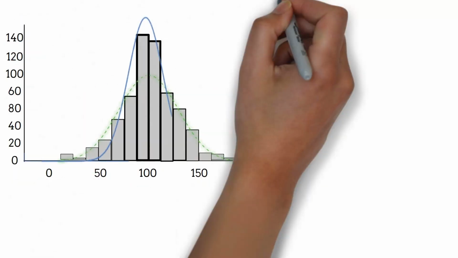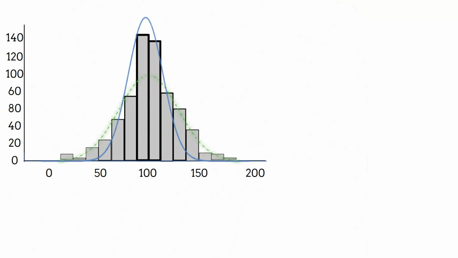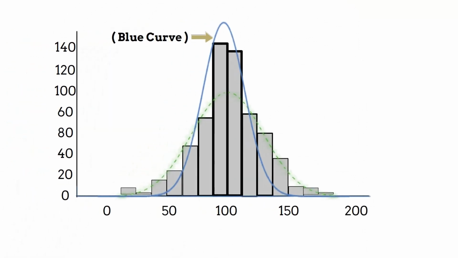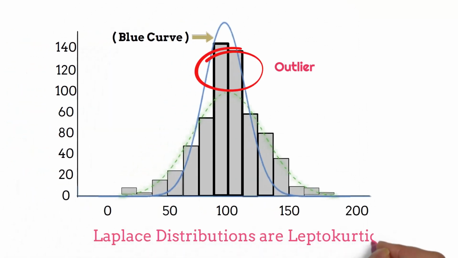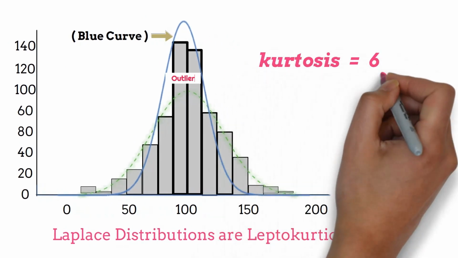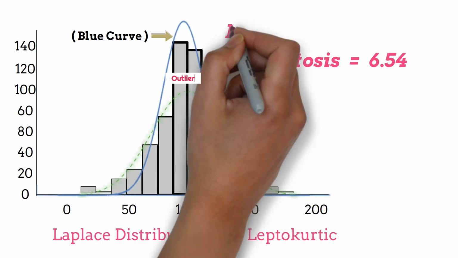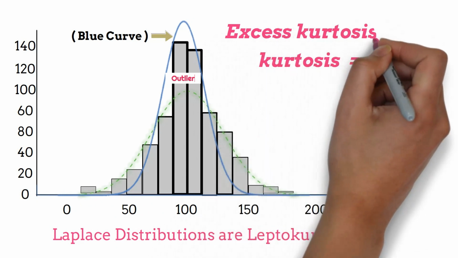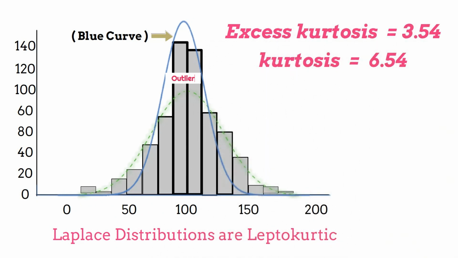Instead, it approximately follows a Laplace distribution shown by the blue curve. Laplace distributions are leptokurtic. In our example, the astronomers calculate that the kurtosis of the sample is 6.54 and its excess kurtosis is 3.54. They conclude that the distribution is leptokurtic.